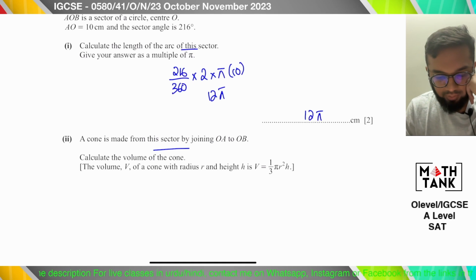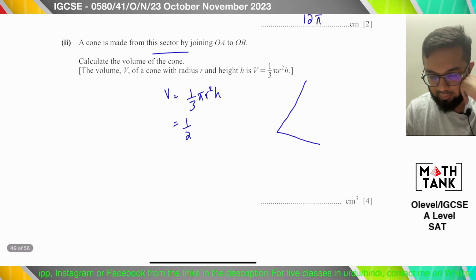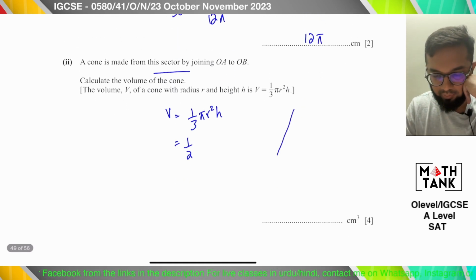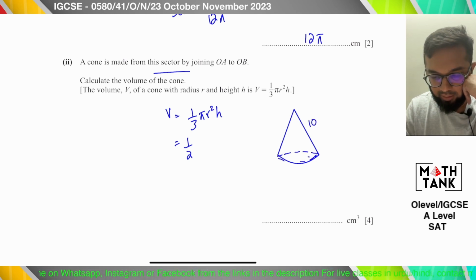Calculate the volume of the cone. So volume of the cone is 1/3 pi r squared h. I think this should be a long question. So this should be 10. I don't have h.